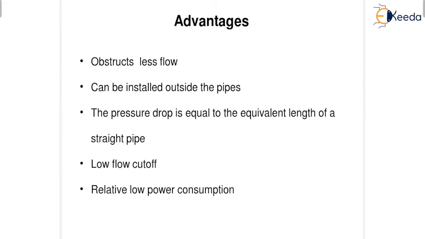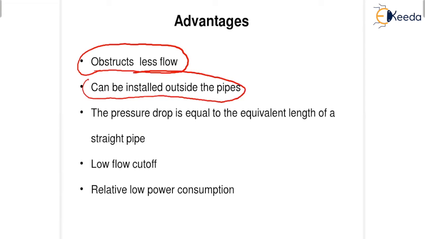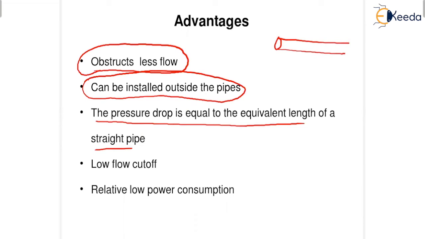Now, when I use this flow meter, the obstruction to flow is less. Because of the suspended particles, the obstruction will be less, and it can be installed outside the pipes also. The pressure drop is equivalent to the length of the straight pipe, whatever pressure drop occurs inside the pipe.